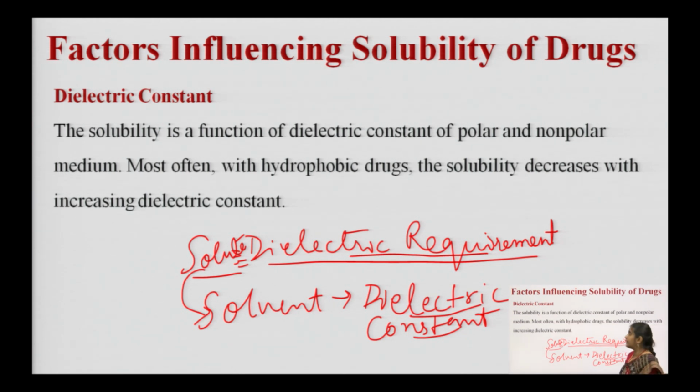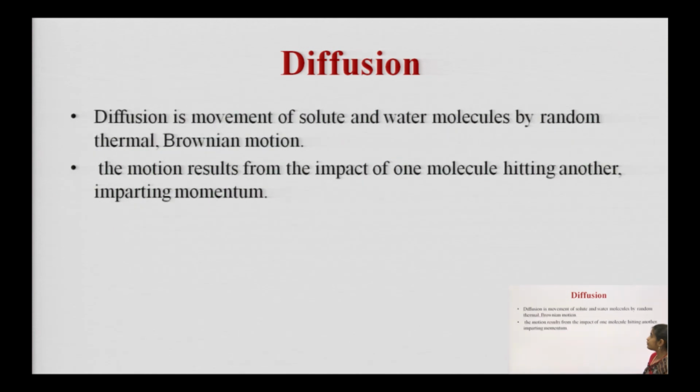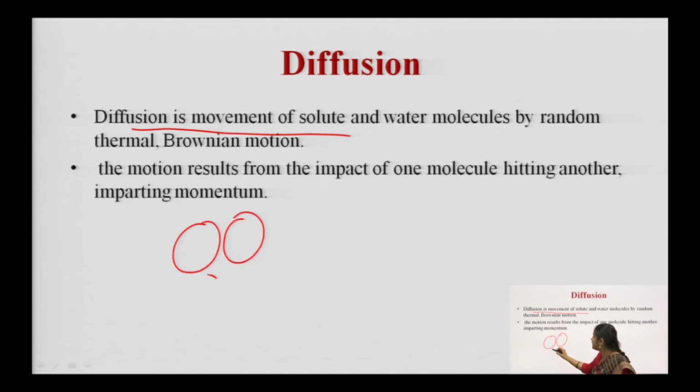Now, we will study about the diffusion of drugs across the biological membrane. To begin with, we should understand what diffusion is. Diffusion, we all know, is the movement of the molecules due to random thermal Brownian motion. Suppose we have molecules here.